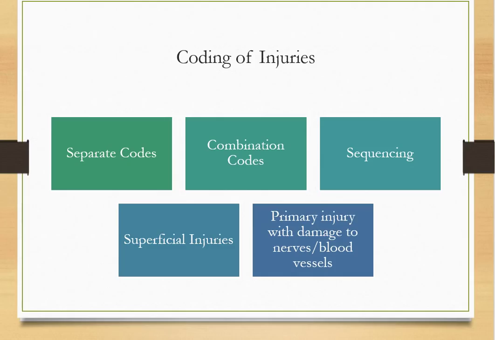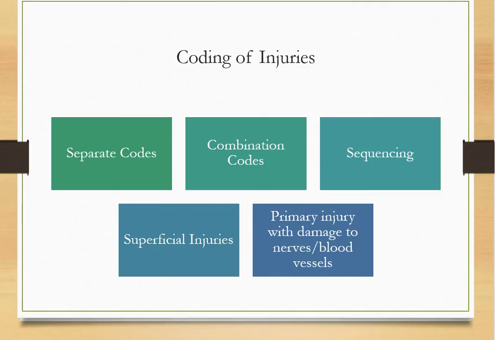All right, guys, speaking of injuries, let's talk about coding injuries. When you're coding injuries, you are going to assign separate codes for each injury unless a combination code is provided, in which case you're going to use the combination code instead. Now, there is a category T07, unspecified multiple injuries.